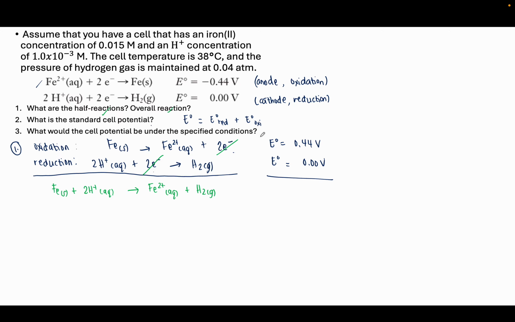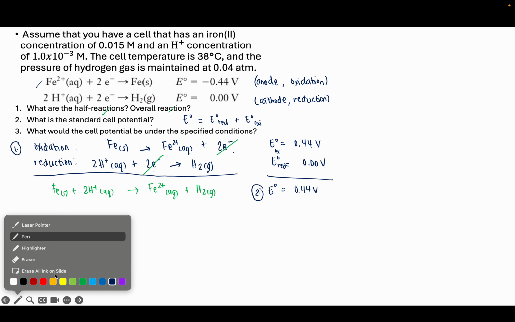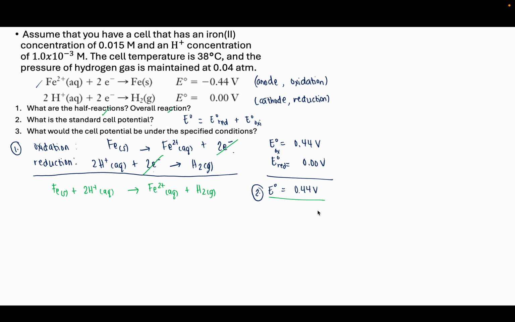Since one of them is 0, we know that the standard cell potential is 0.44 volts. So this is oxidation, this is reduction, and this is that of the cell. Alright, this is for number 2.